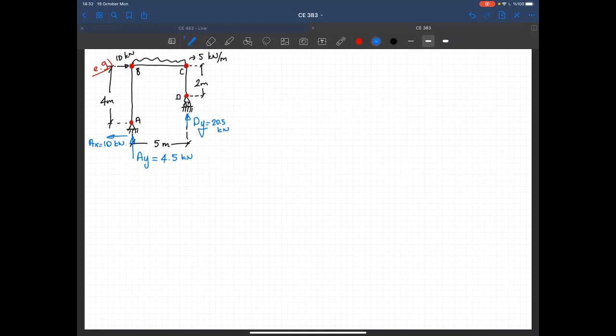Now I have to draw the free body diagram. So from now on, the way we will be drawing the free body diagram is as follows. We will be working on the discrete version of the structure.